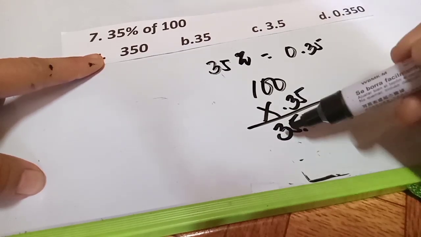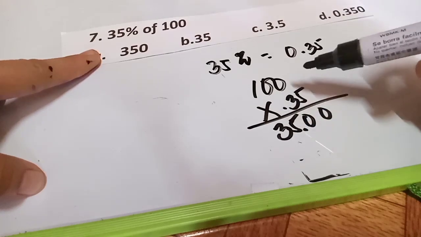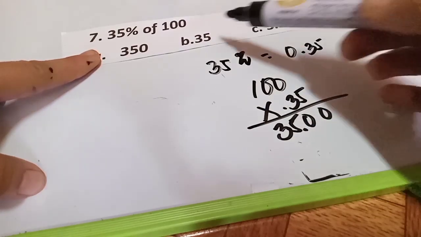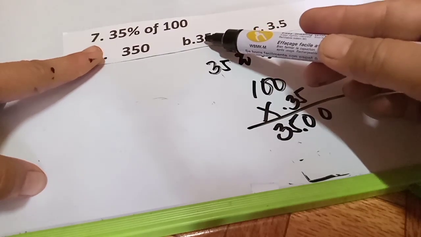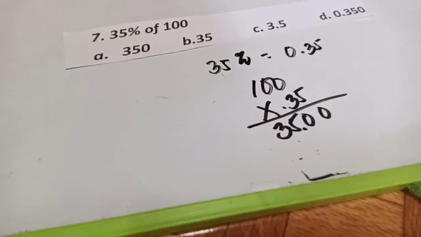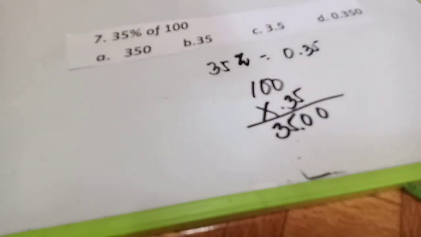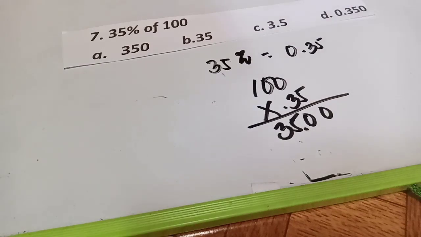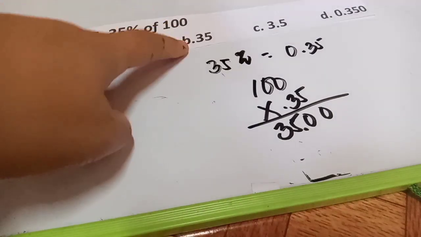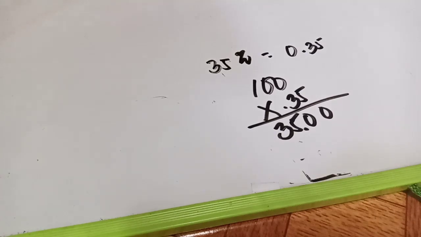And then move the decimal places. The answer is letter B. Take note. So 35% of 100 is 35. Okay. So let's proceed to number 8.